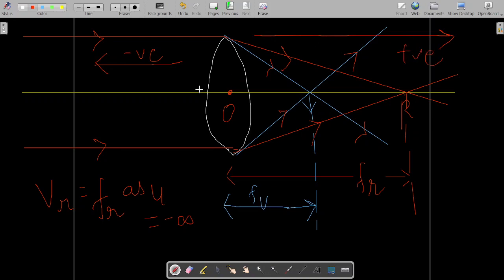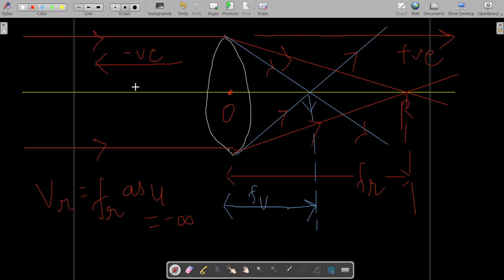You know this very well, because the distance measured opposite to the direction of light propagation is taken negative, and when the distance is measured along the direction of wave propagation, that is taken as positive.